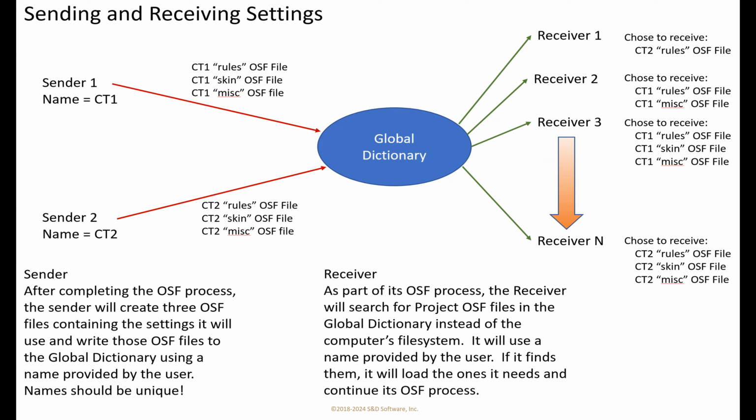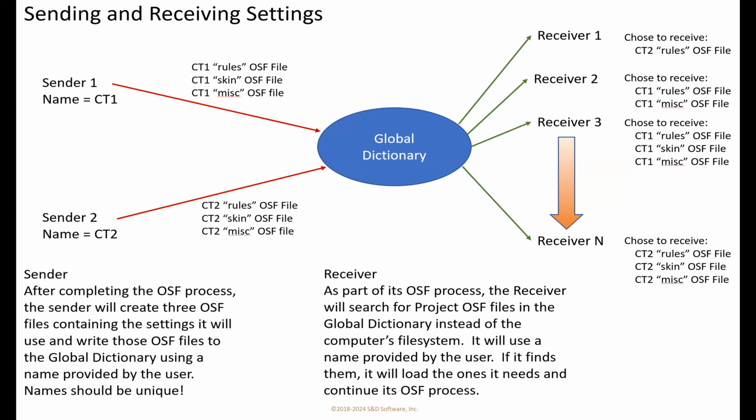And that way they can both put their settings out there into the global dictionary space without conflicting. So for each of the senders, after they have completed their OSF process and have the final settings that they're going to use to process the chart they're working on, they will package up those settings and put those into the global dictionary.